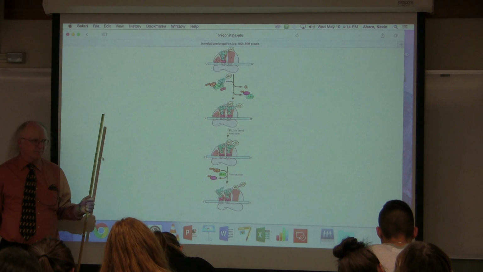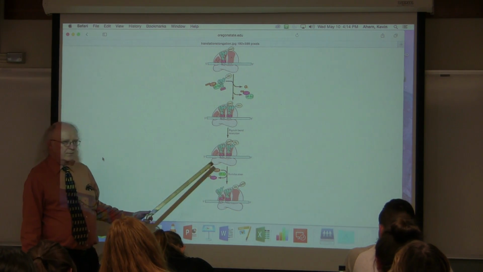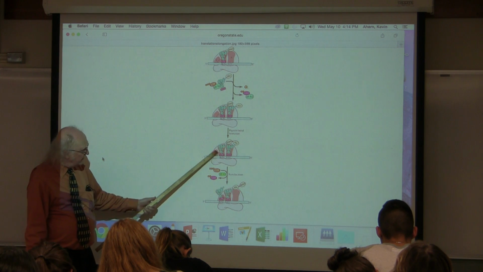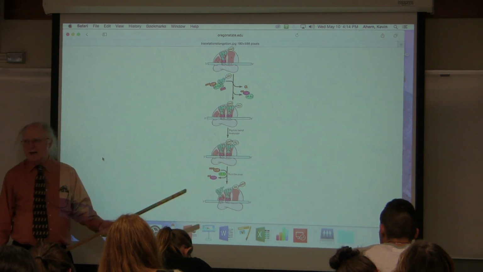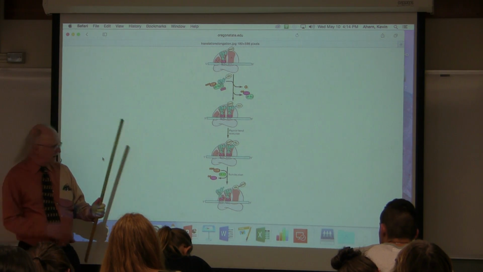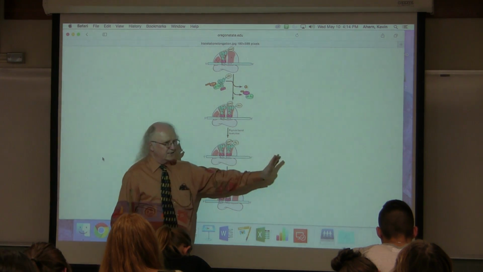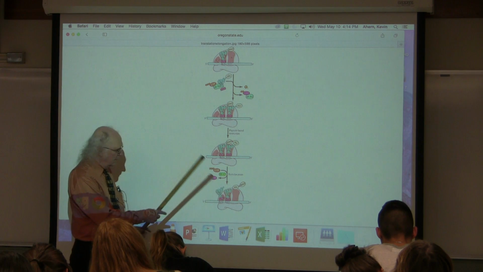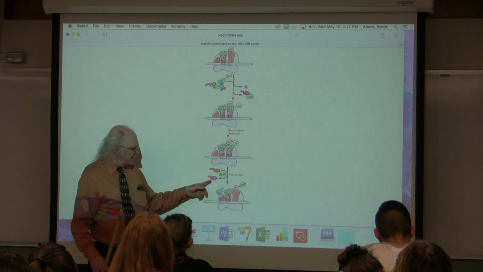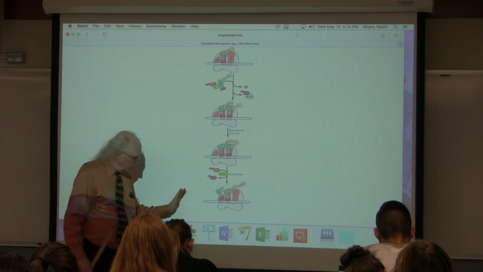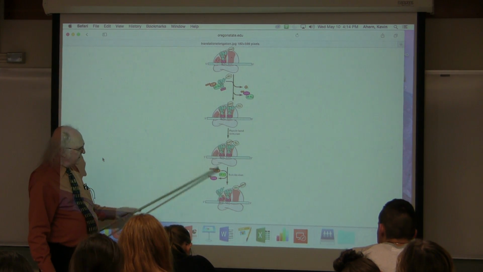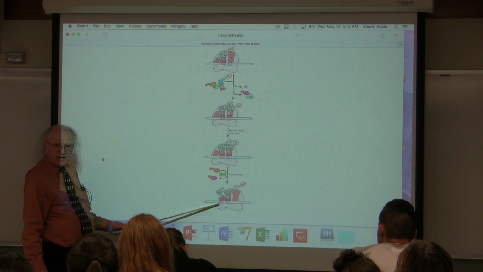EF-G, very easy to remember. EF-G is the machine that moves the ribosome down the messenger RNA. It literally pushes it down one codon. So you see where it is here. It's EF-G using the energy of GTP that pushes this down. So the AUG, which was in the P site, moves over to the E site, exiting.